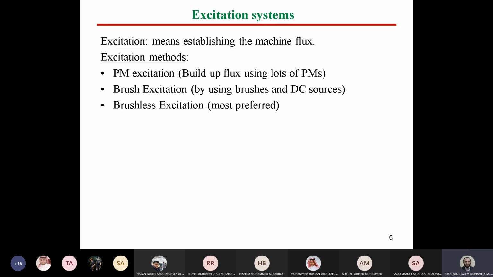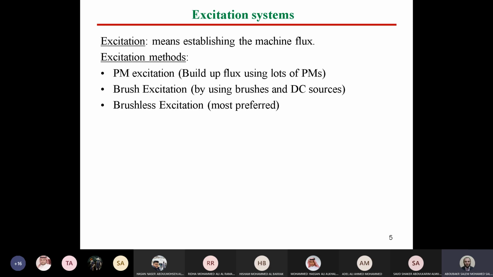And this is the most preferred. But both of them exist a lot in our industry and in power generation. A lot of generators are using brush excitation. However, the most preferable is brushless excitation.